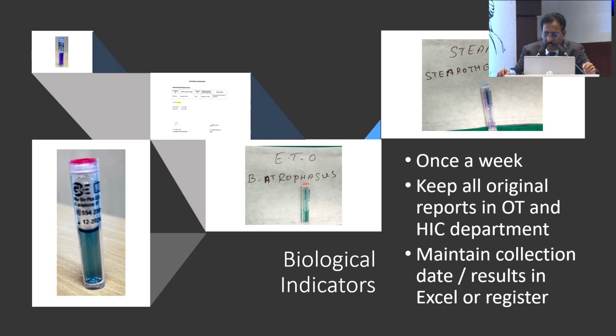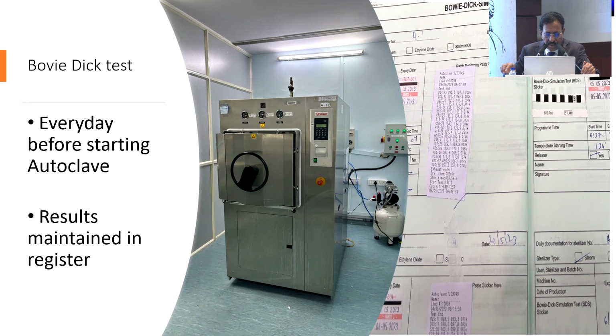Maintain the collection date and results in an Excel sheet or a manual register. This is the general format. For steam, we use the Geobacillus stearothermophilus biological indicator, and for ETO we use a Bacillus atrophaeus indicator. There are various methods of doing this, and I'm sure Dr. Kumaran will be elaborating on that.